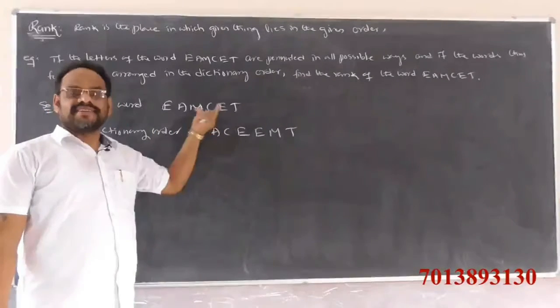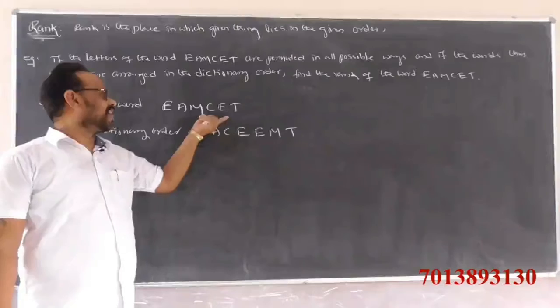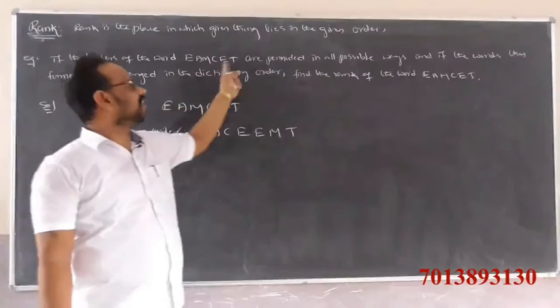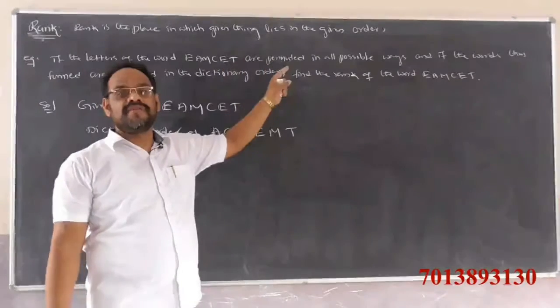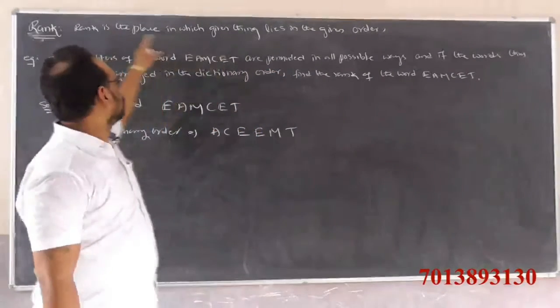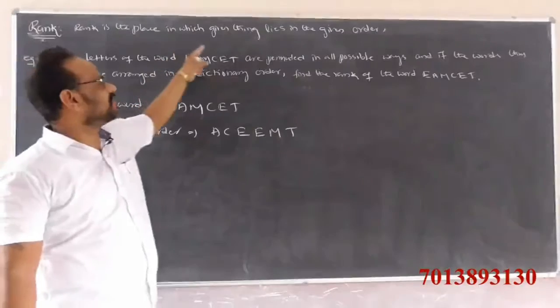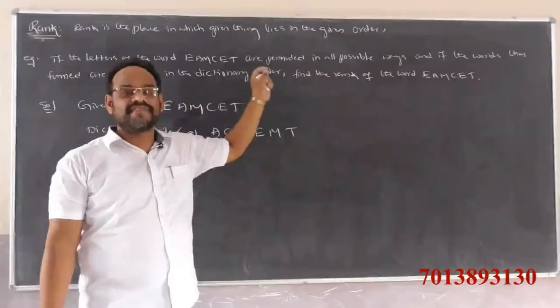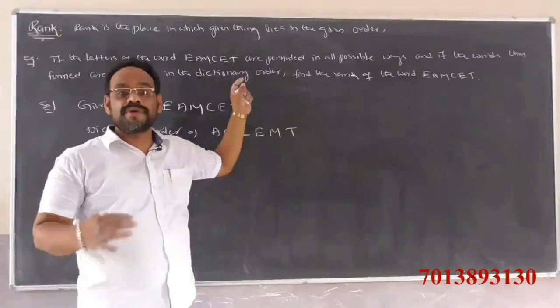We want the rank of the given word. That means if you permute the letters in all possible ways, what is the position? Rank is the place in which the given thing lies in the given order. Here E is repeated 2 times.